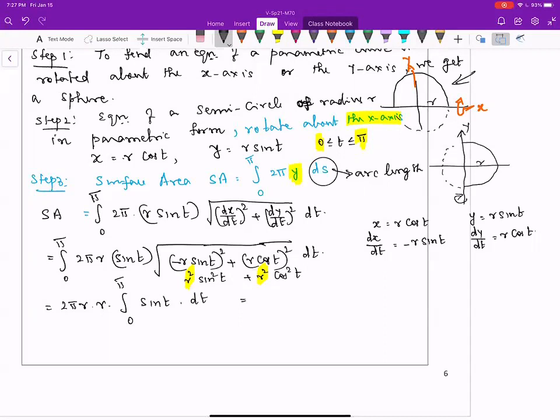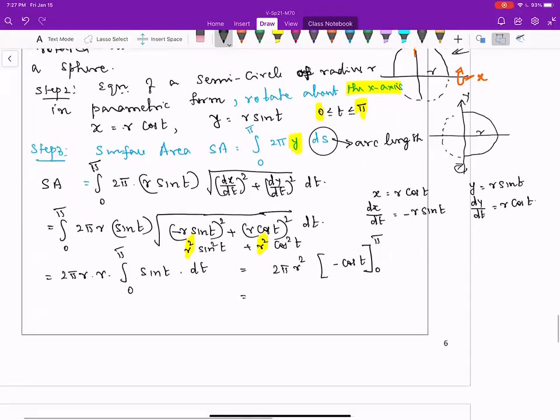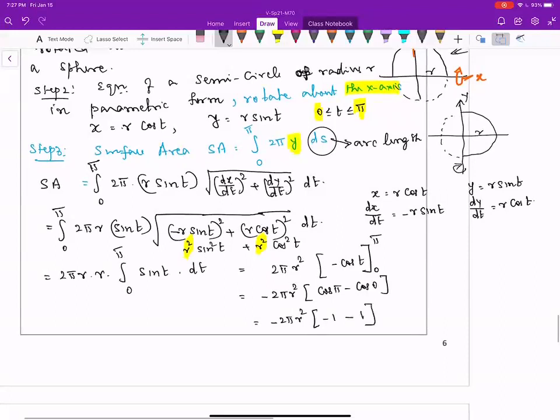So it is going to be 2 pi r squared times the integral of sine t, which is negative cosine t between the limits 0 and pi. So it is negative 2 pi r squared times (cosine pi minus cosine 0). Cosine pi is negative 1. Cosine 0 is 1.